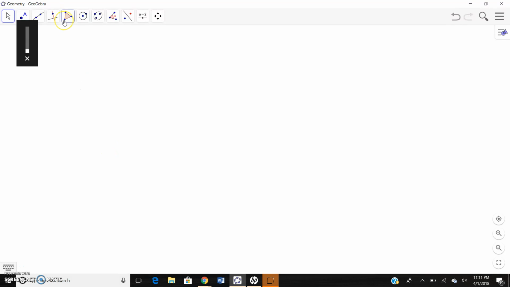Today we're going to come into GeoGebra and we're going to first create a quadrilateral of any kind.